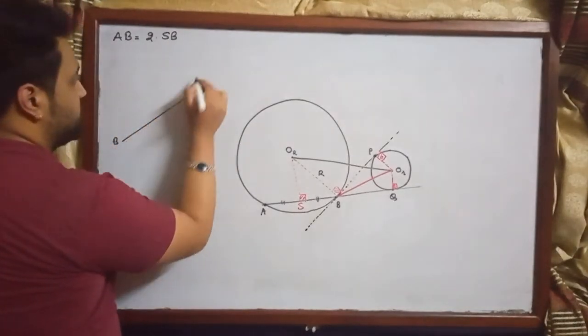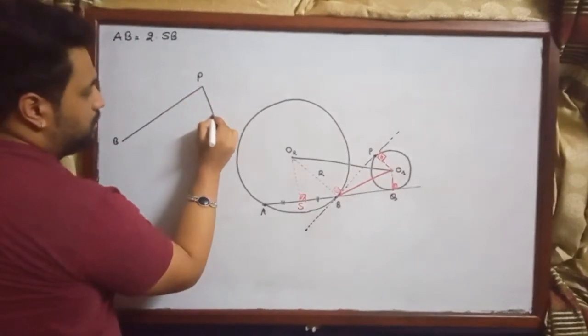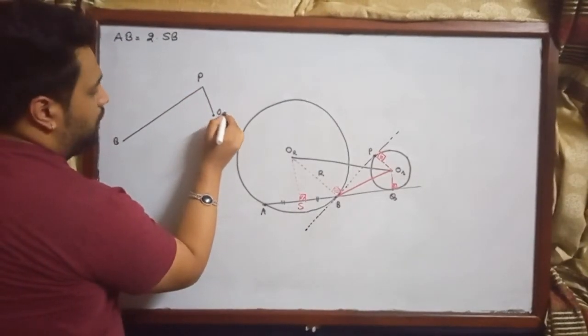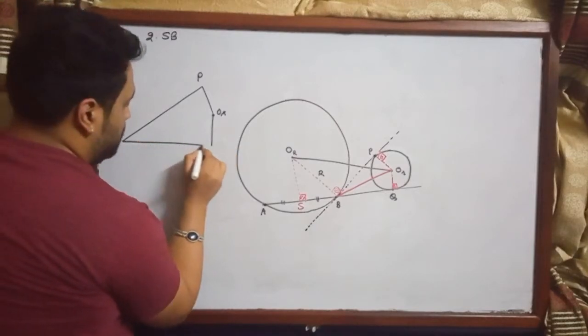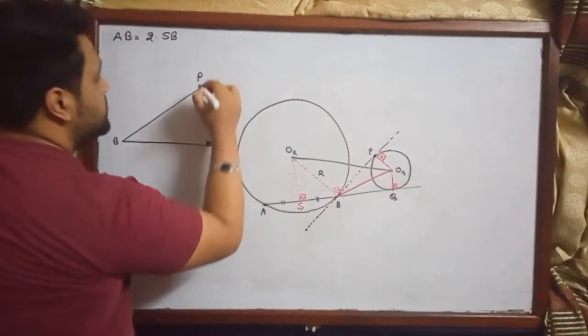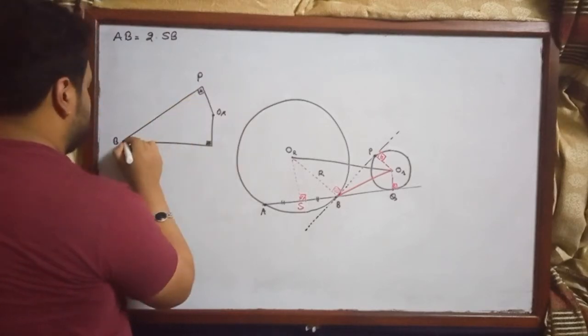This is B, this is P, this is O_r, and this is 90 degrees, this is 90 degrees.